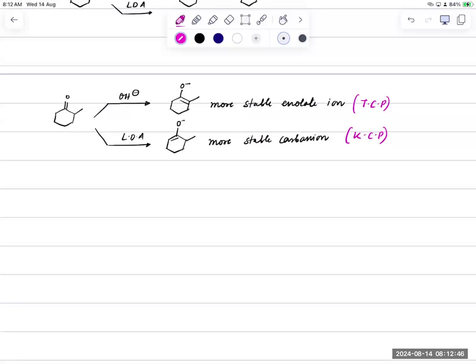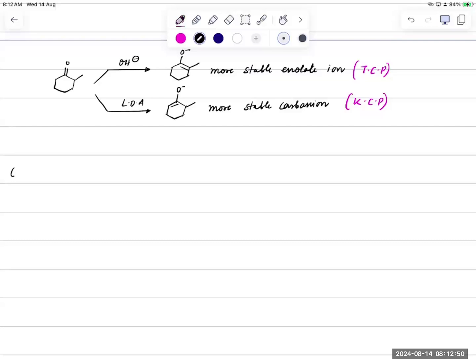Okay. For example, what are the questions that are asked? Directly we'll check that. Suppose this is how the question has been framed. Double bond O and there is a methyl given. And I gave you LDA at minus 78 degrees centigrade followed by CH3I. Then what is the product we will write?